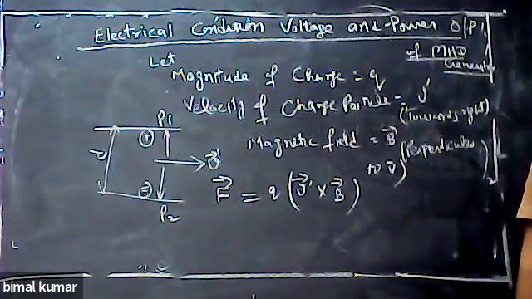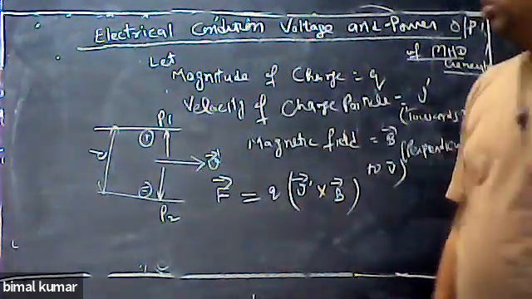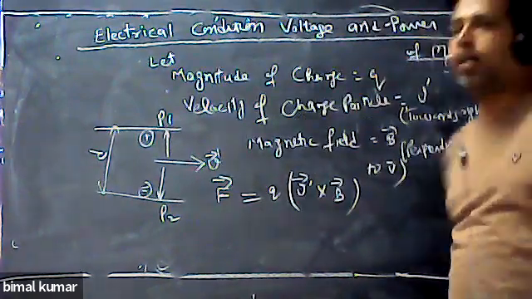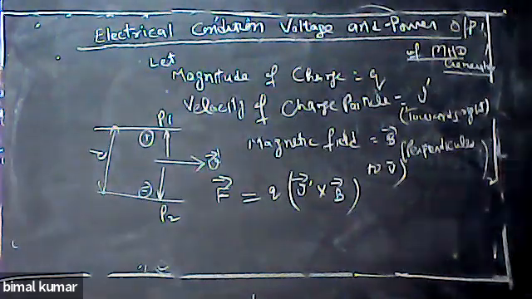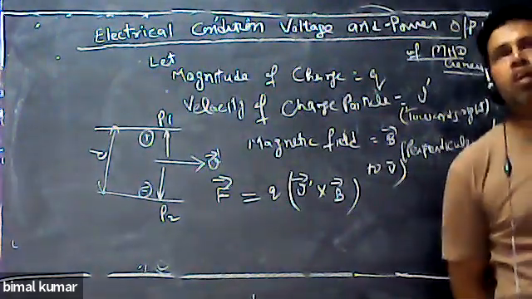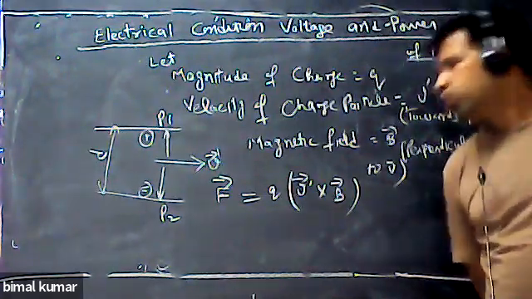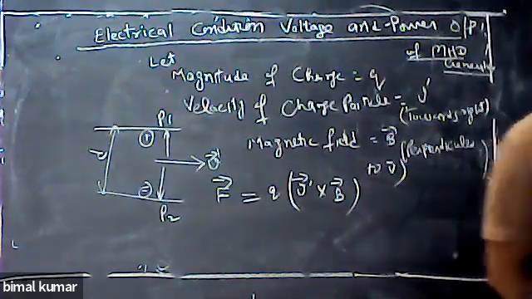Here I am taking V as V dash. So the force acting on the charge due to the effect of the magnetic field will be given by F is equal to Q into V dash cross B vector, right?